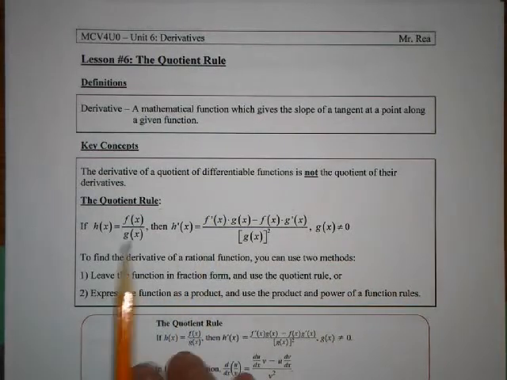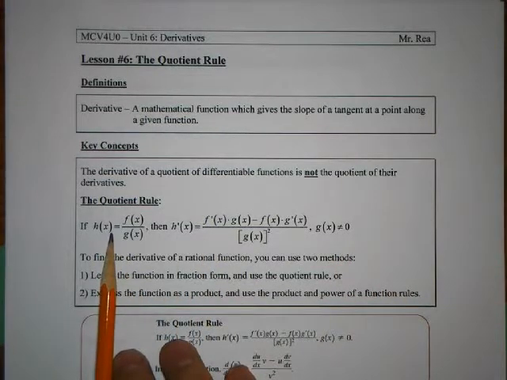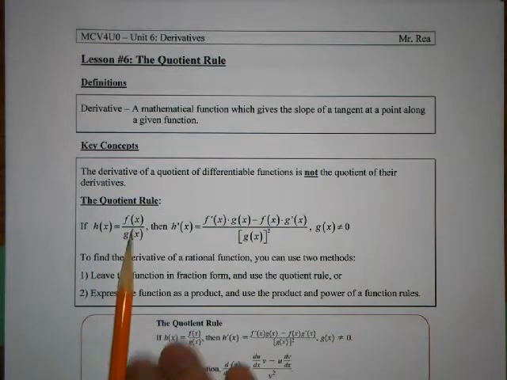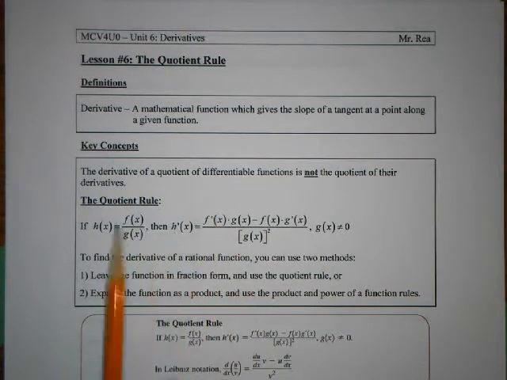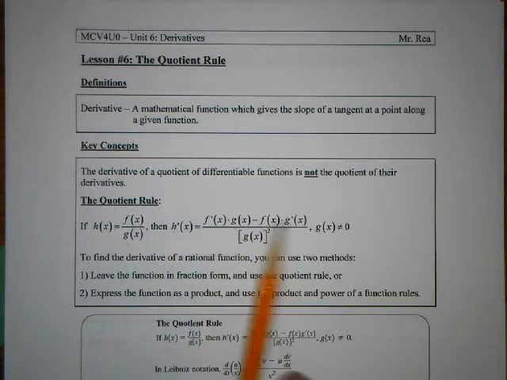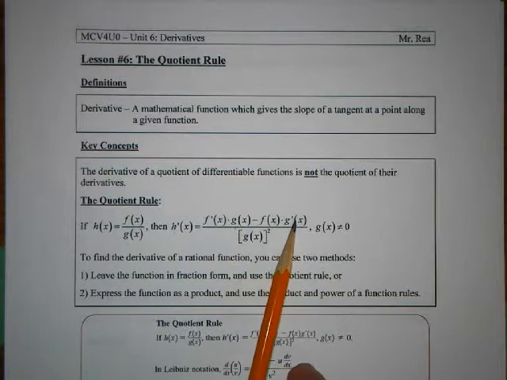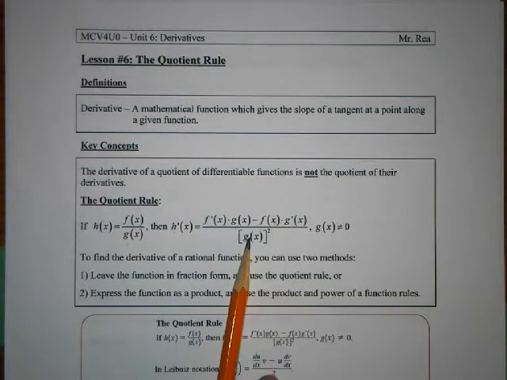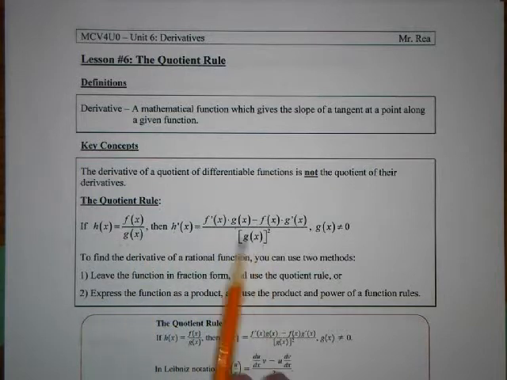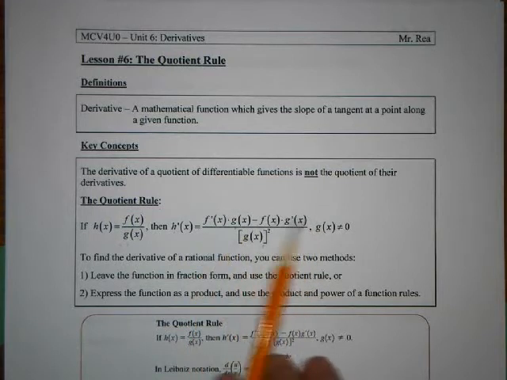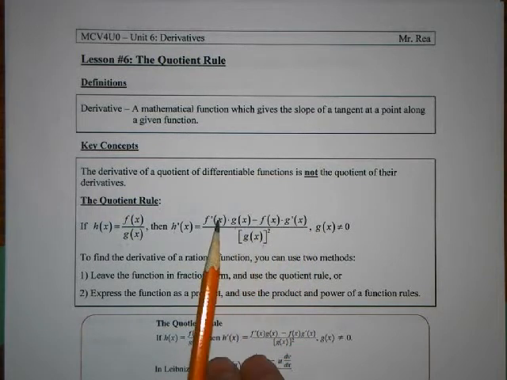So we'll just start off with the actual rule. If you have a rational function h of x, which is composed of division, f of x divided by g of x, then the derivative of h of x is the derivative of f times the g function minus the f function times the derivative of g, all over the g of x function squared, okay? So the top looks similar to the product rule.